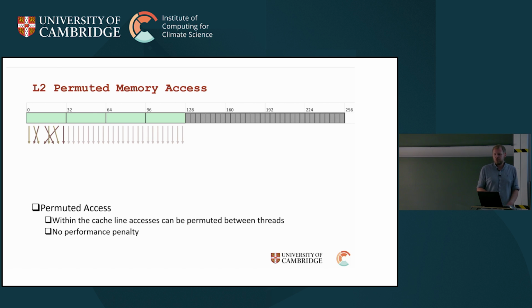So something within our code means that the position we're looking up in memory gets jumbled up a bit. But if it's permuted within the same cache line, it doesn't matter. We don't have to move any more data. We're not requesting data from over here or over there or miles down the memory addressing. So it's absolutely fine. No performance penalty. We're still using all of the data within our cache lines, so we're getting really good bandwidth utilization.